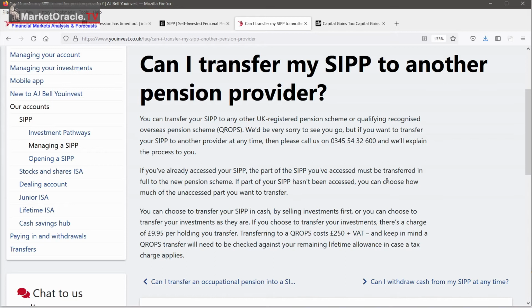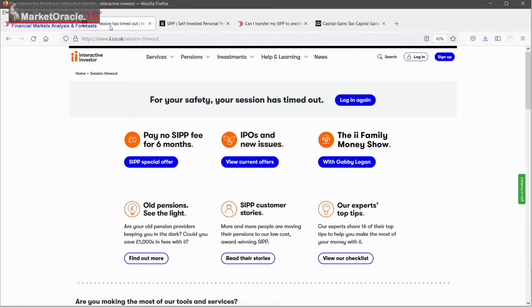So there's some overlap in fees, but £10 per holding isn't too bad. I was expecting it to be more like £600. Also, you could be on the lookout for any offers from Interactive Investor.